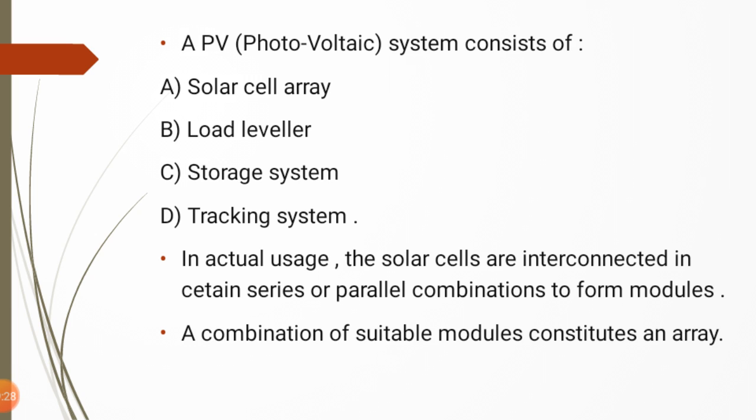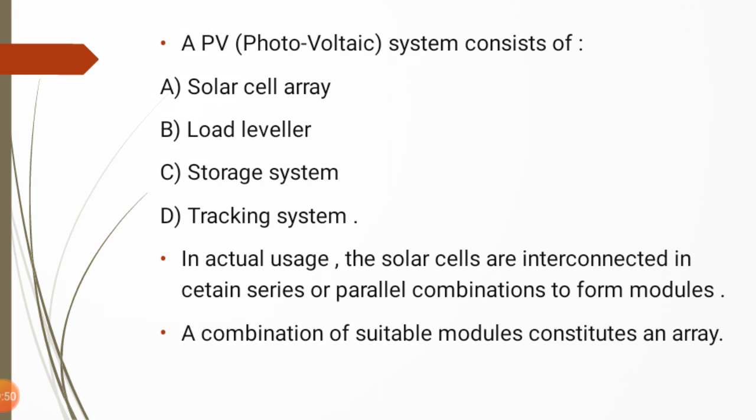Second is the load leveler. The load leveler is used for the storage of power, and the storage system is also used for the storage of power, but the load leveler is also used for storage and delivery. And the tracking system is used to follow the sun path.